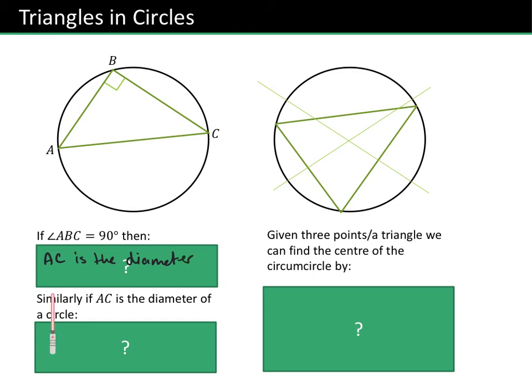Okay, and then similarly, if AC is the diameter of a circle, we know that the midpoint of AC, okay, so if it's the diameter, the midpoint of AC is, in fact, the centre.